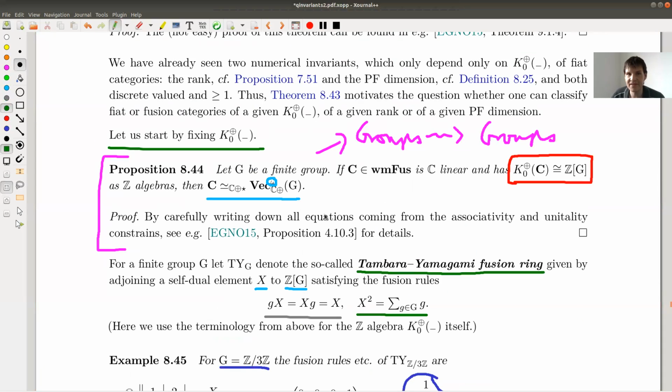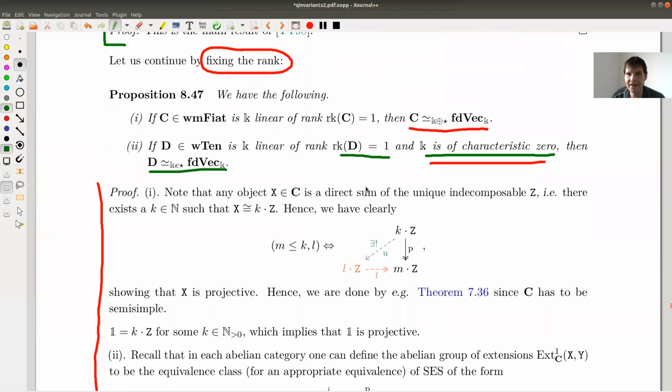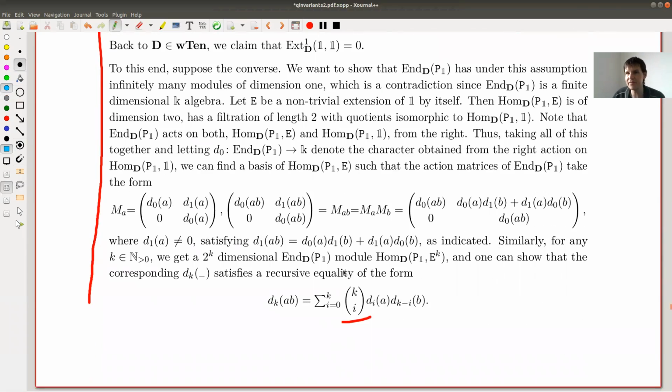In this case, if something looks like vector spaces downstairs, it is vector spaces upstairs. If rank is 1, you would think it can only be vector spaces. Rank is, remember, just the number of simple or indecomposable objects. If it's 1 downstairs, then it should be vector spaces, but it's already tricky, you see binomial things turning up, and it's not so easy.